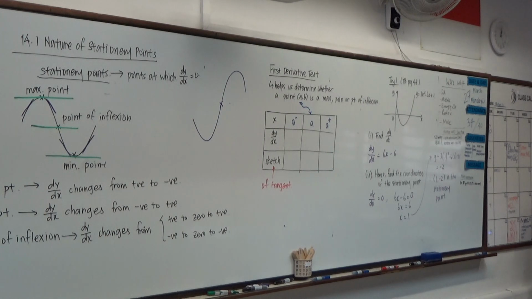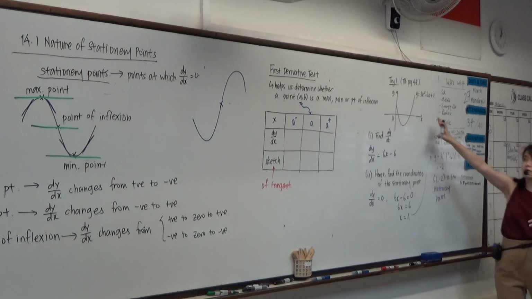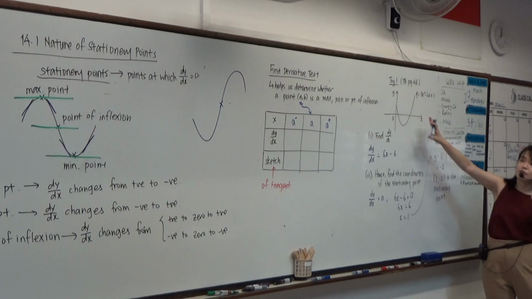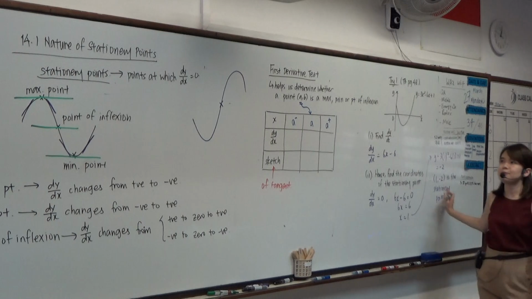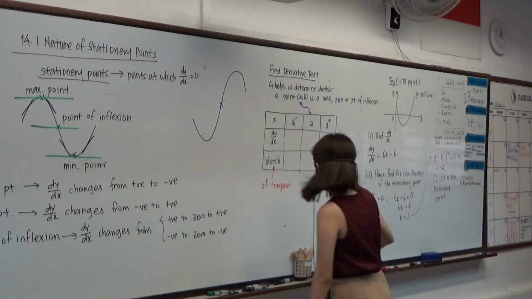And therefore, (1, negative 2) is the stationary point. In this particular question, if the graph is not given to us, we are not able to tell whether (1, negative 2) is a maximum, minimum, or point of inflection. So this brings us to our first derivative test.